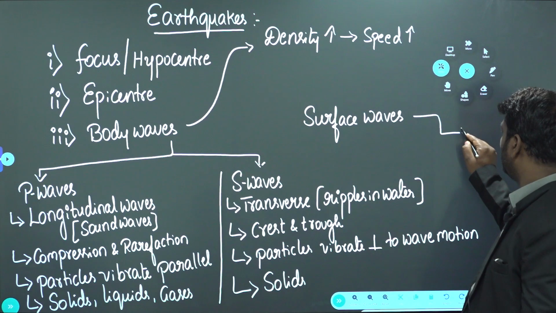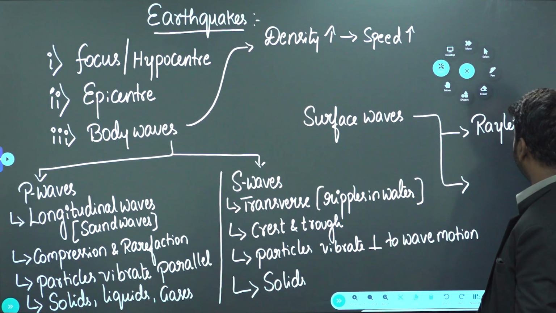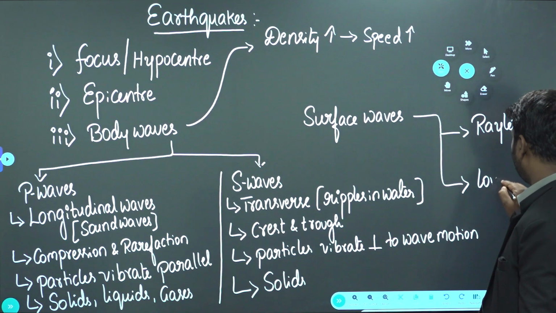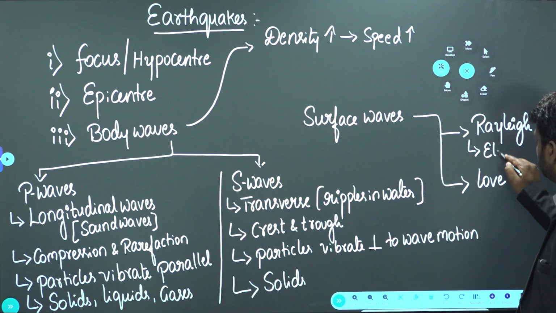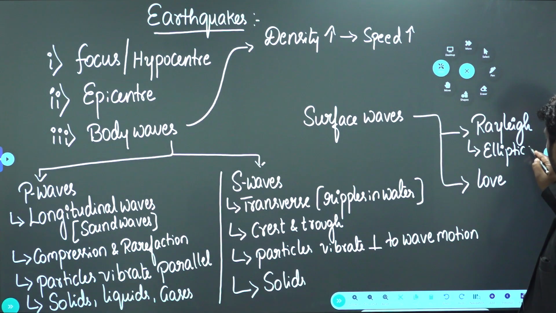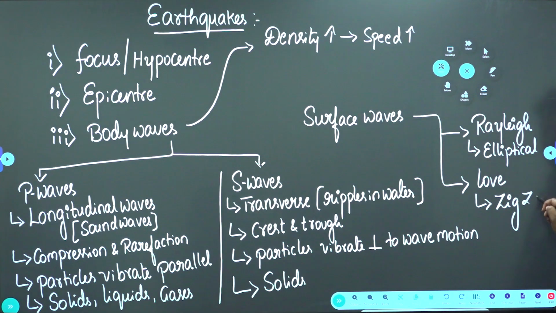What are the two surface waves you have? Rayleigh waves mostly elliptical, Love waves zigzag. Myanmar had how much? 7.9, right?